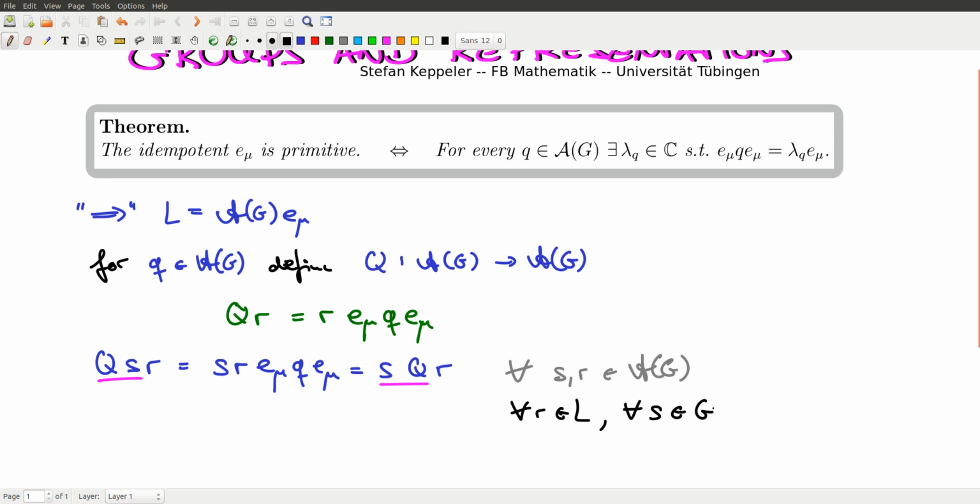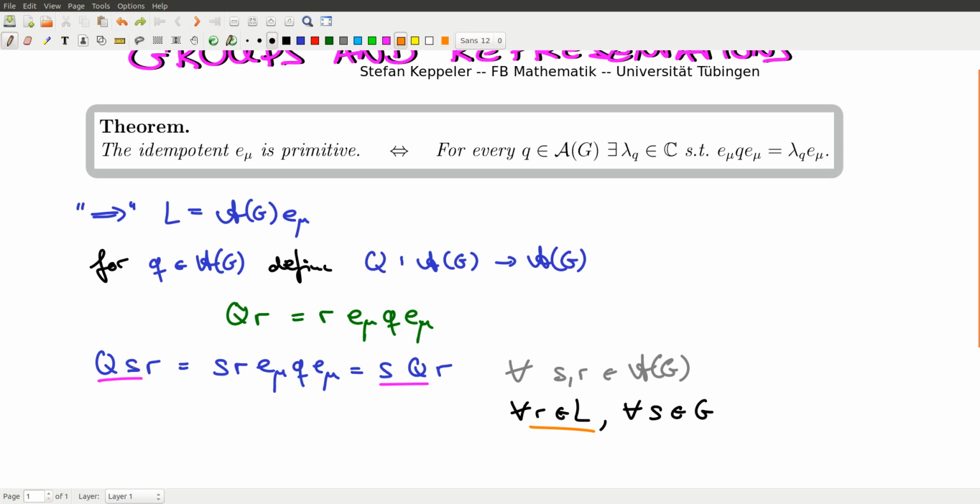Okay, why is this interesting? If this R is in L, then the whole equation here takes place on L. We multiply something that's in L from the left, so we stay in L. This means the S here, if the S is in the group, then the multiplication with S from the left is just the representation of the group which is carried by L. Okay?